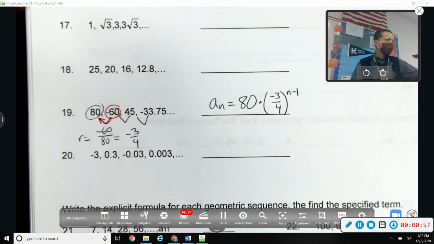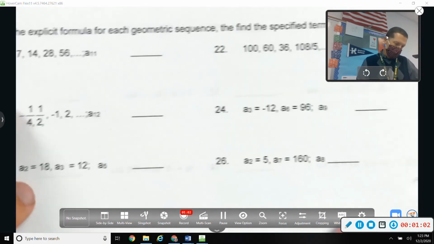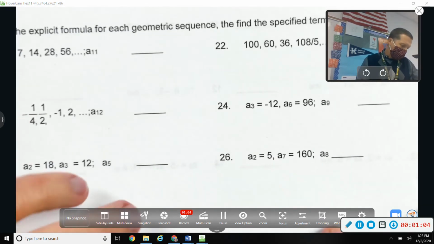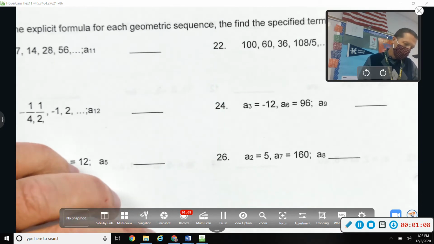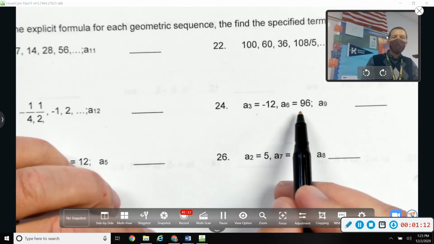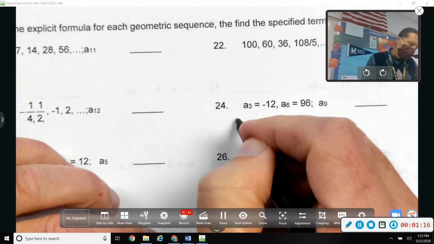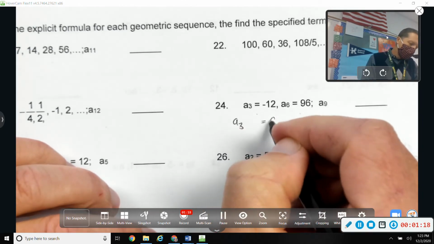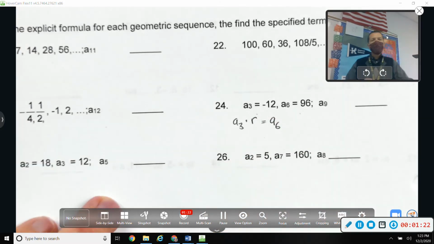24 was the other one. So let's look at 24. Write the explicit formula and find the specified term. So I've got to figure out how to get from A3 to A6. So from A3 to land at A6, I have to multiply by r 3 times to get from the third step to the sixth step.